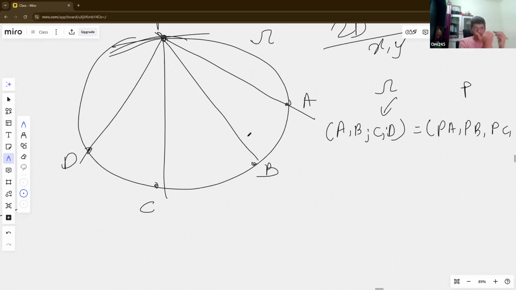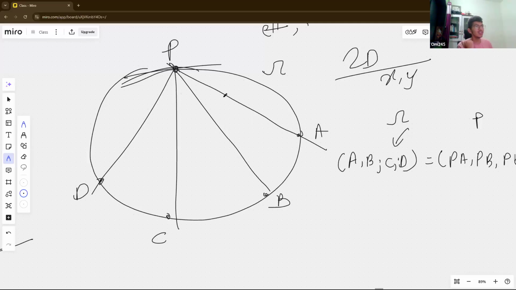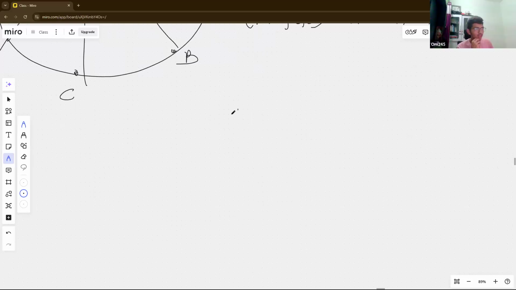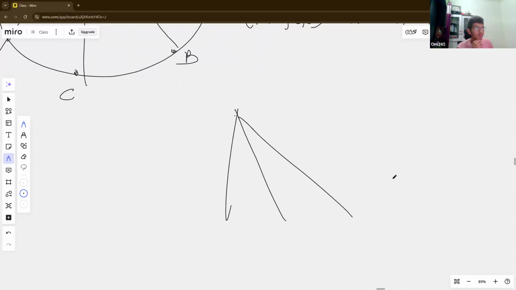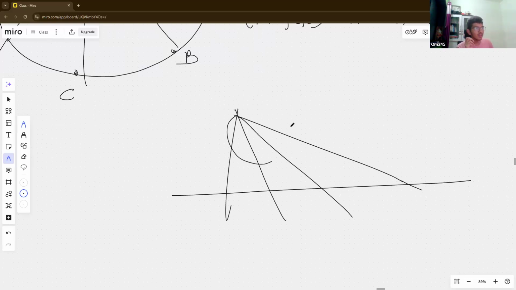Then you can go from conic to conic. Basically, you can transform a projection from one conic to another conic through this point P. So consider this is the conic, with points A, B, C, and suppose these lines intersect at A dash, B dash, C dash, D dash.